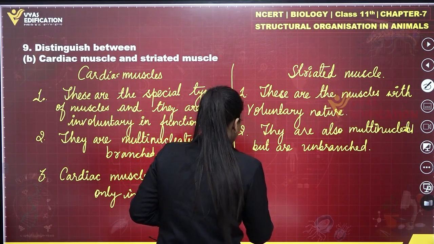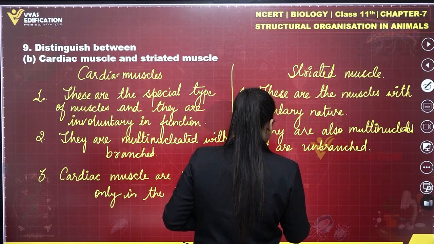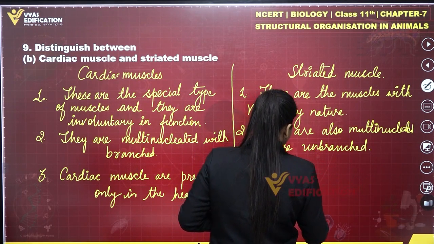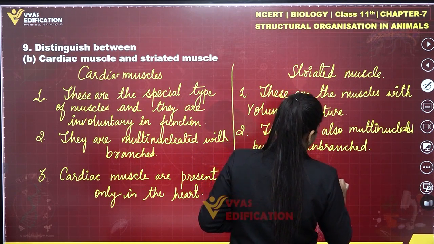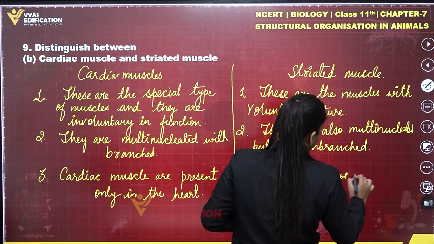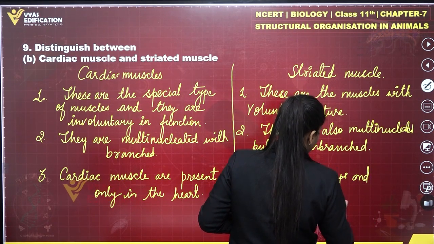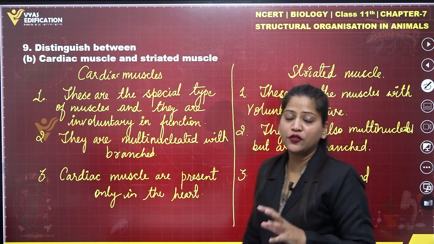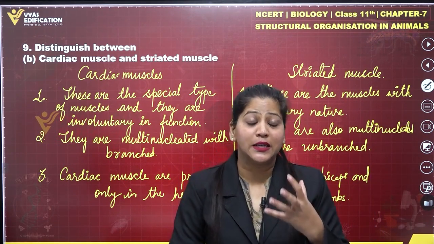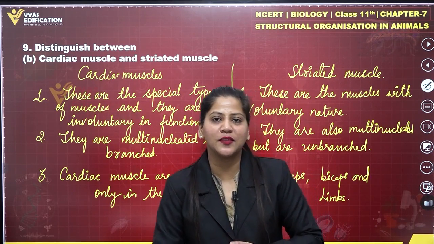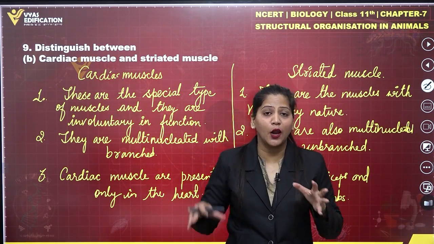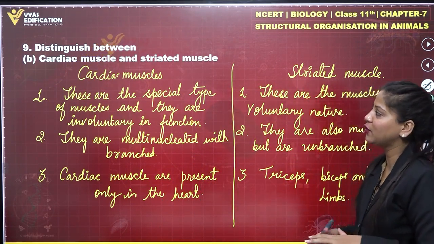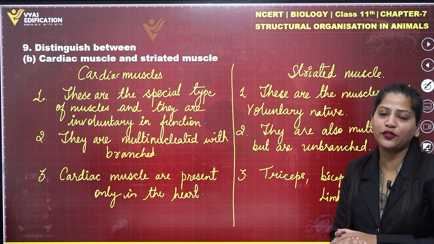Then the striated muscles you will find in the triceps, biceps and limbs. So these are the basic features which distinguish between cardiac muscles and striated muscles. With this, we have completed solution B of question number 9.